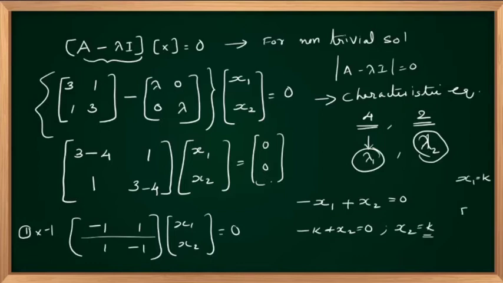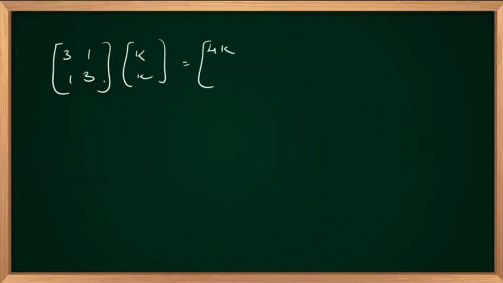So if I take the same values k, that obeys this equation for this particular eigenvalue. Let us see what happens. If I take 3 1 1 3 times k k, what is the result? 3k plus k is 4k, and k plus 3k is again 4k. So I can take out 4 and write k k.